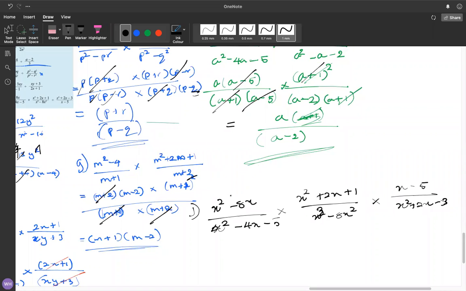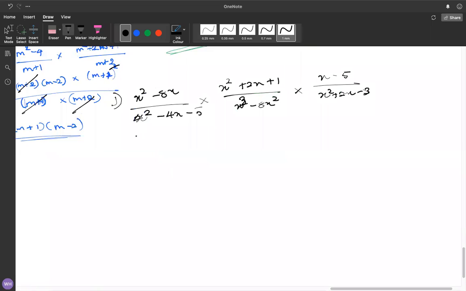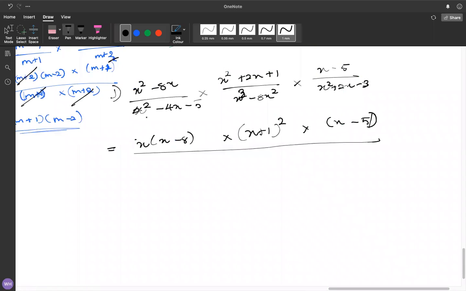Okay, so let's do this. In the numerator, x is common, so x minus 8 will come here, times x plus 1 squared, times x minus 5 remaining in the numerator. Now you can consider it as one common denominator.